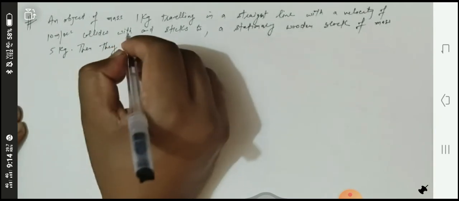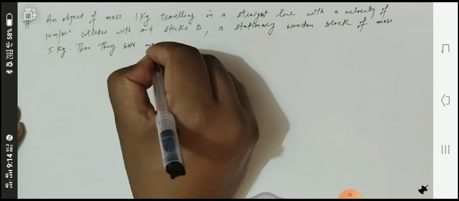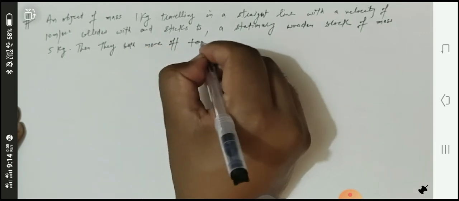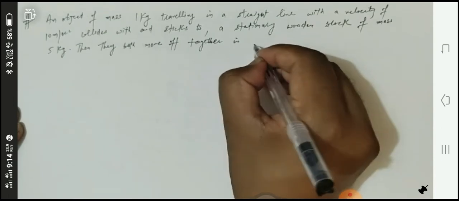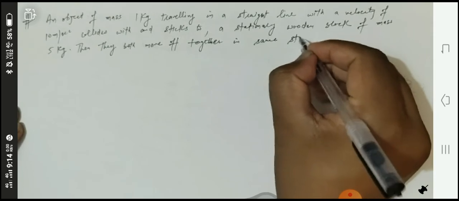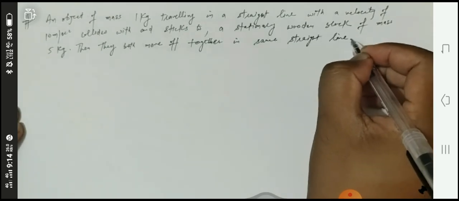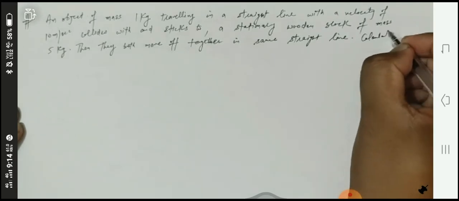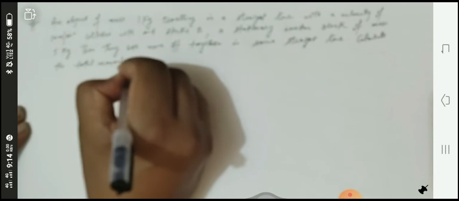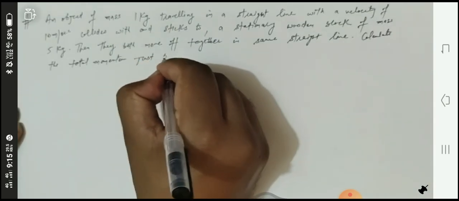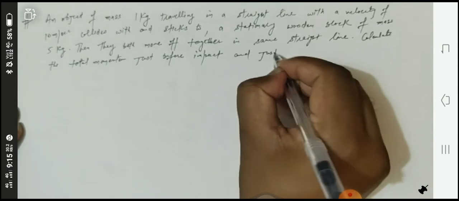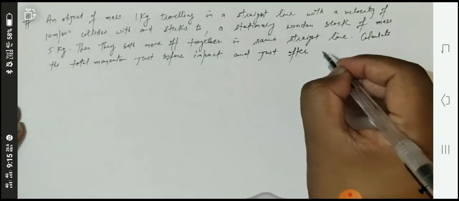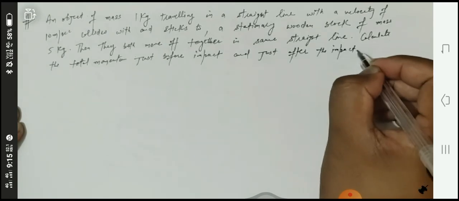Calculate the total momentum just before impact and just after the impact.